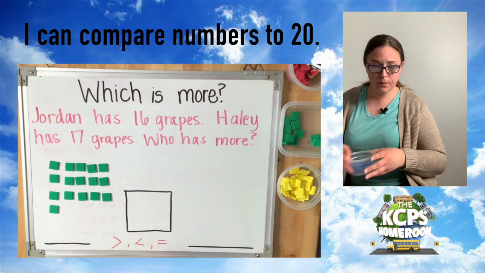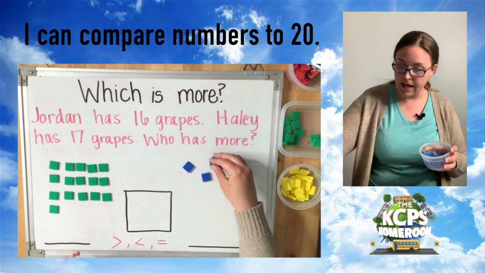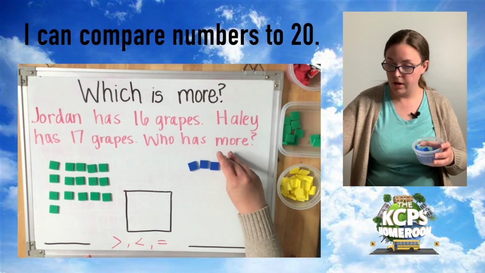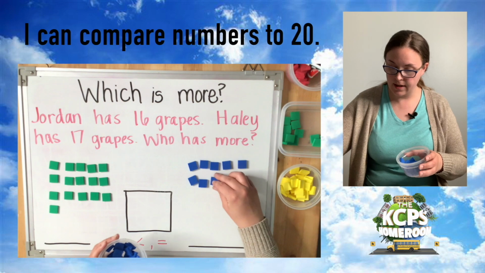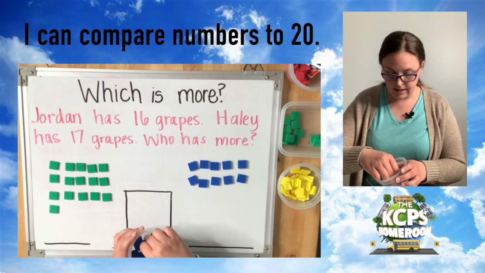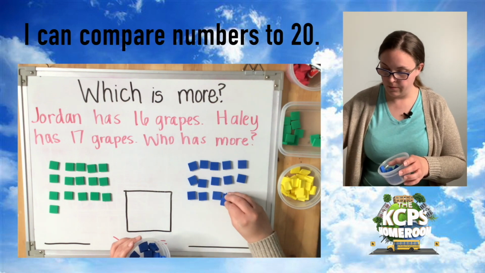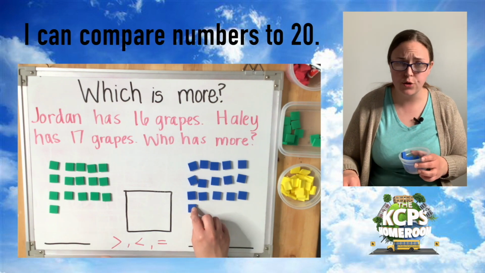I'm going to use my blue counters again to model Haley's grapes. And Haley has 17. Let's count them. 1, 2, 3, 4, 5, 6, 7, 8, 9, 10, 11, 12, 13, 14, 15, 16. That's how many Jordan had.